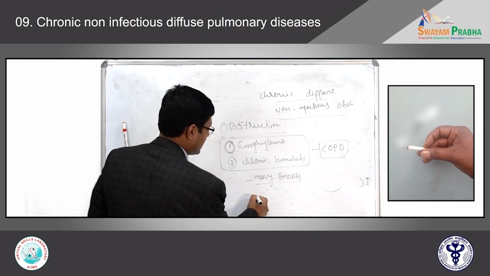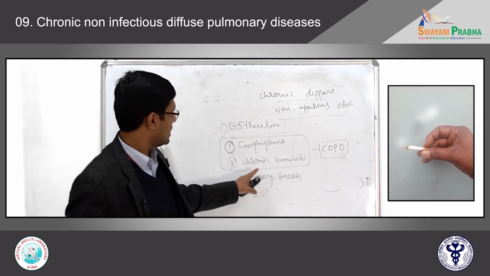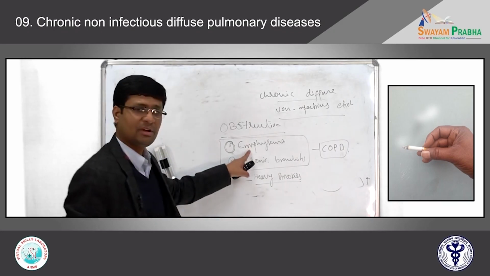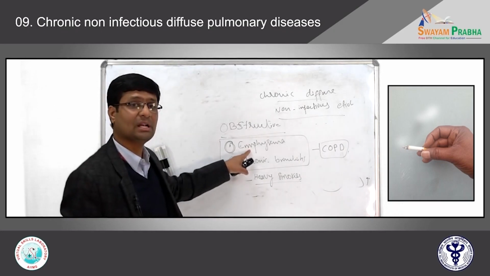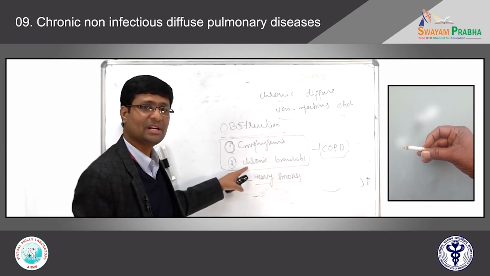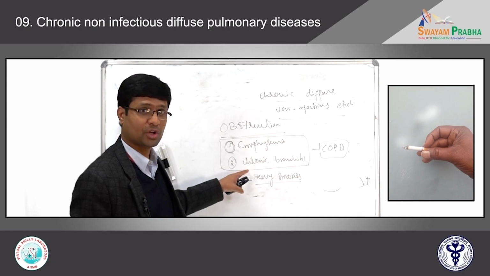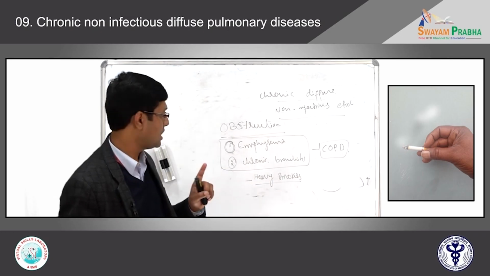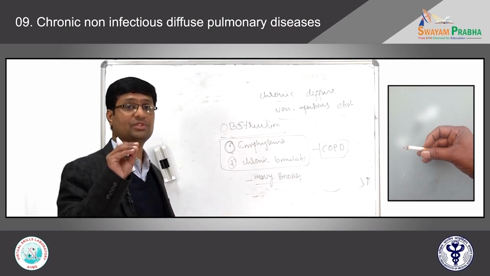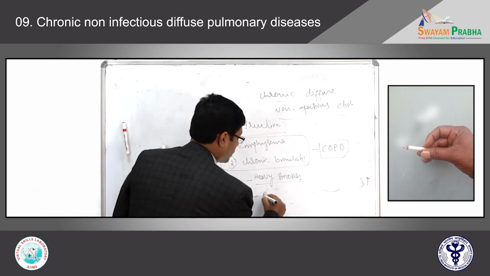And what happens in both the entities? In emphysema, predominantly the alveolar parenchyma is involved. Bronchitis, as the name itself indicates, predominantly involves bronchi and bronchioles, terminal bronchioles. But these two may also have some anatomical features affecting the respiratory bronchioles.